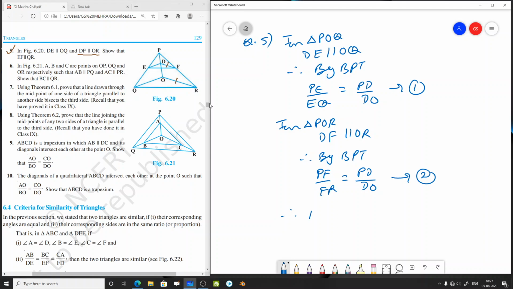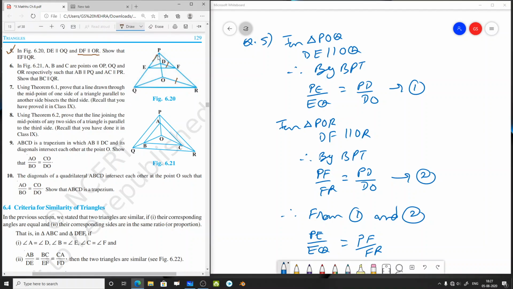Therefore, from 1 and 2, what can we say? PE by EQ equal to PF by FR. So the ratio of PE and EQ is the same as PF over FR.